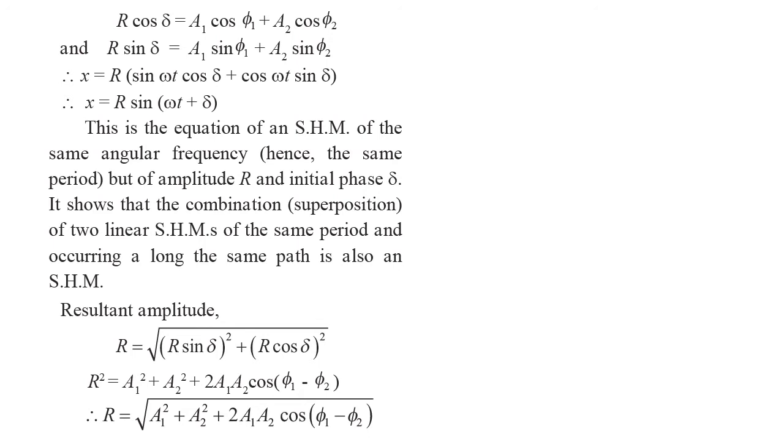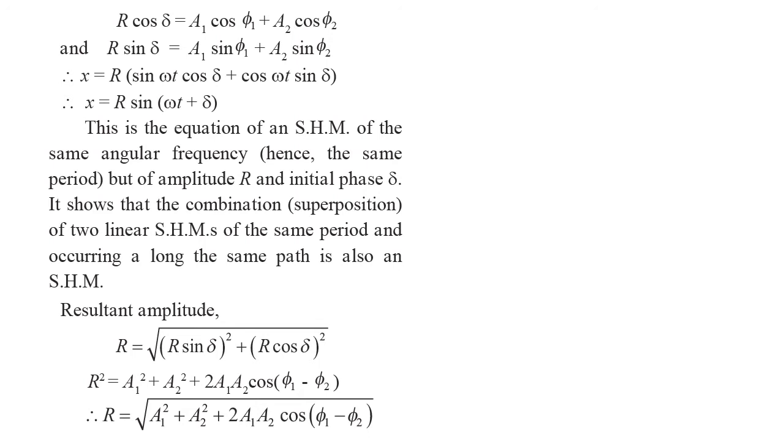Same angular frequency means the same time period, but the amplitude is r and the initial phase of the SHM will be delta. This shows that the combination, that is superposition, of two linear SHMs having same period and travelling along the same path is also an SHM.